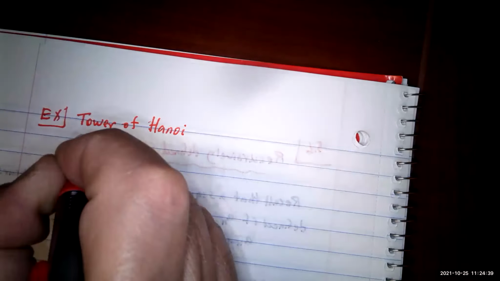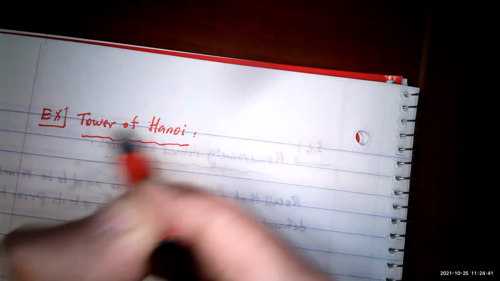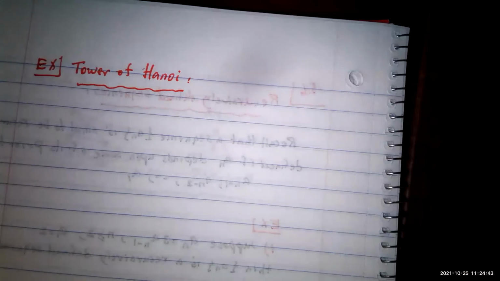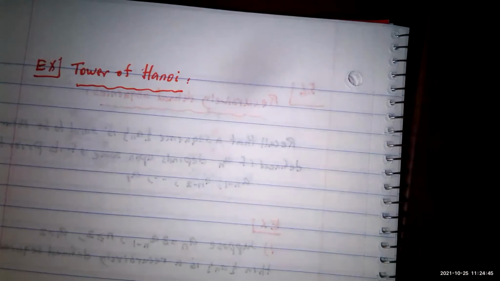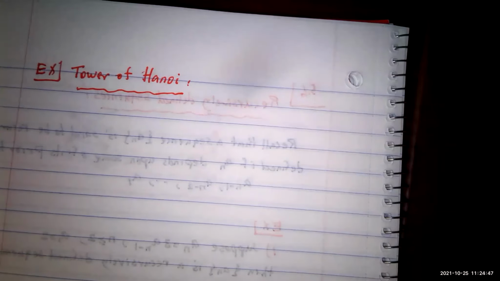You know that Hanoi is the capital of Vietnam. I'm going to tell you what's going to be the story behind that, whether it's true or not. Now, this starts with a game, and eventually would give us a very nice sequence that you have to know the idea. Now, what's going to be the game?